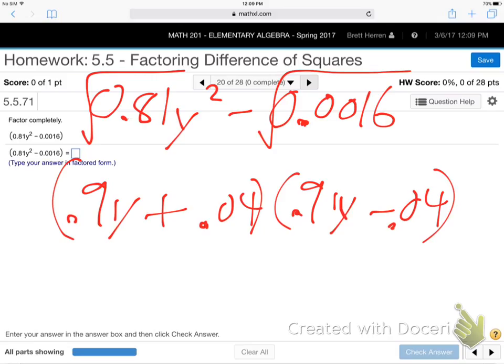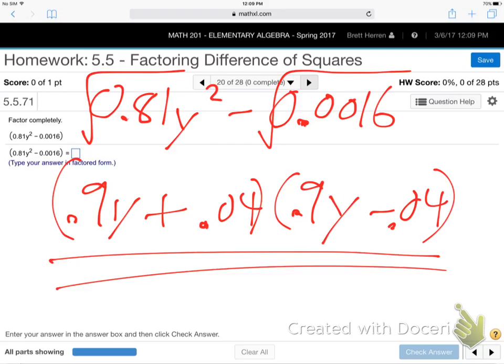You guys getting that okay? So just hit the square root button on your calculator. Good? Questions on that one? Got it copied down? I'm going to keep going.